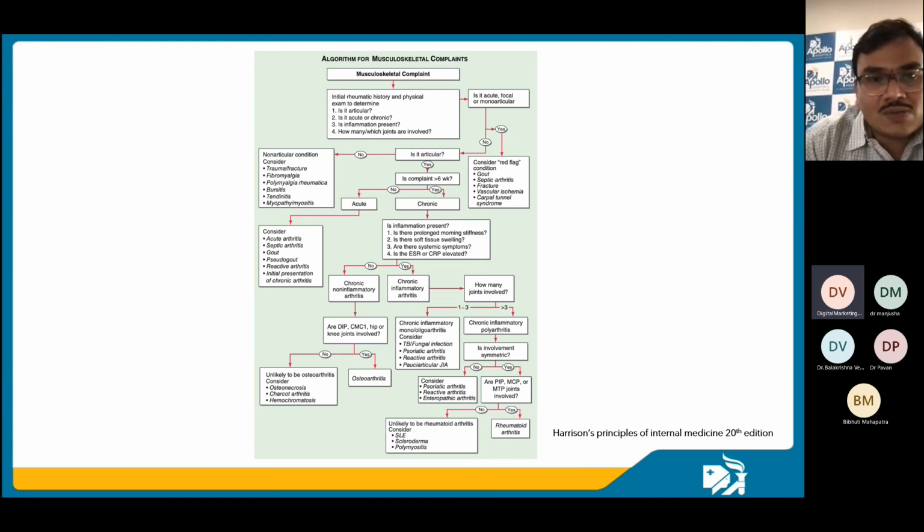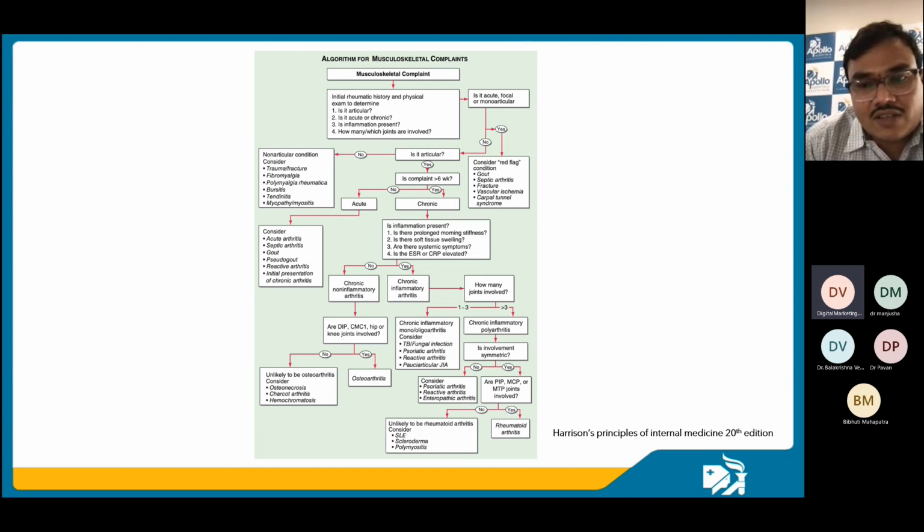Since my talk is on clinical approach, I didn't go into the investigation aspect, but ESR and CRP elevation will point us towards an inflammatory arthritis. If our answers are yes, we consider it as chronic inflammatory arthritis, and if it is no, we consider it as chronic non-inflammatory arthritis. The differentials will be osteoarthritis, hemochromatosis, and Charcot-related arthritis.